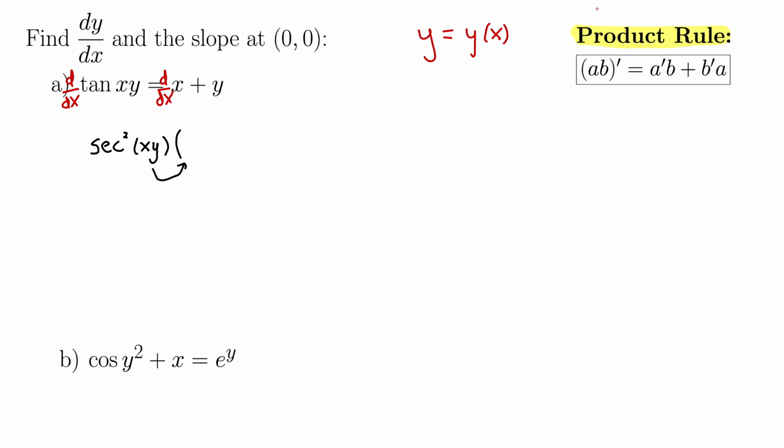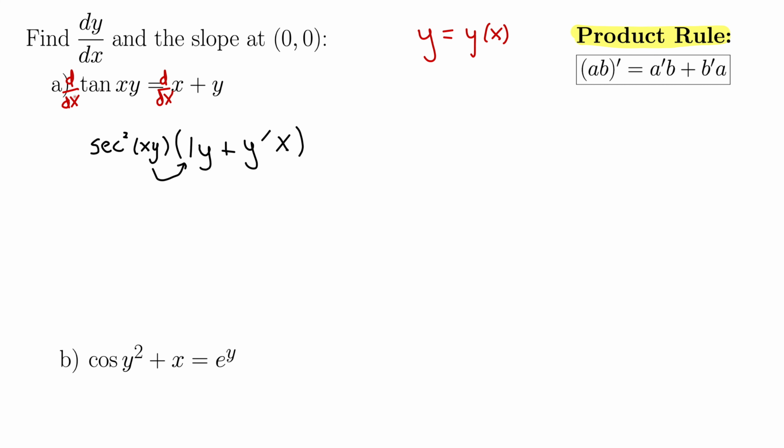Remember, the product rule tells us that the derivative of AB is A prime B plus B prime A. So in the case of xy, the derivative of x is 1 times B, so A prime B is 1y, plus B prime. Now this is a y, so it would be 1 y prime, because we're taking the derivative with respect to x, so we tack on that y prime, times A, which is x in this case.